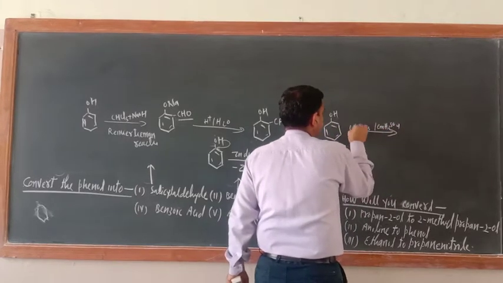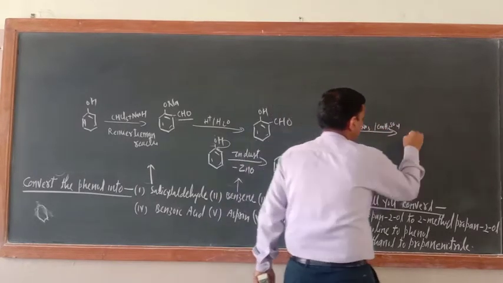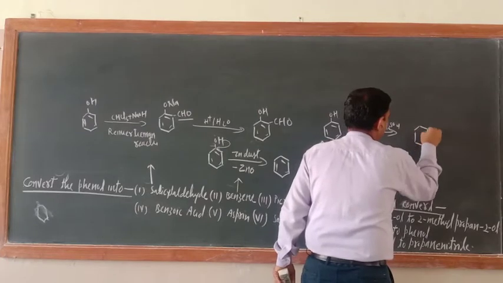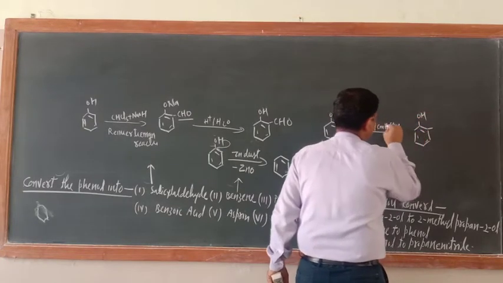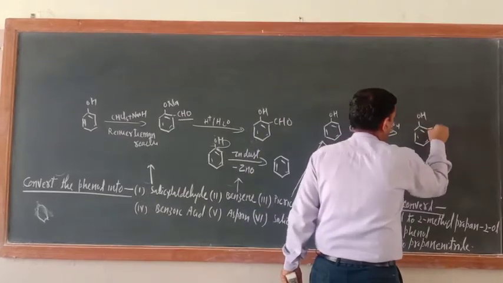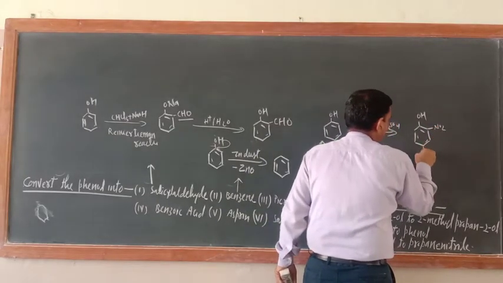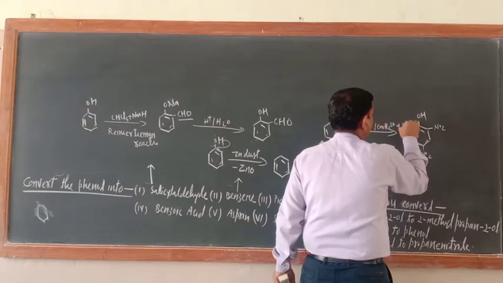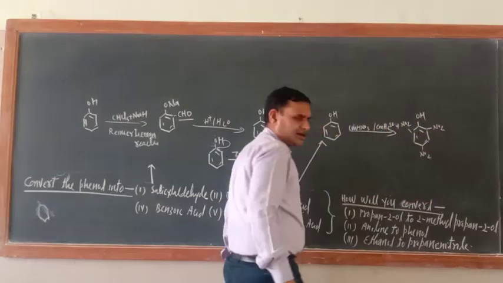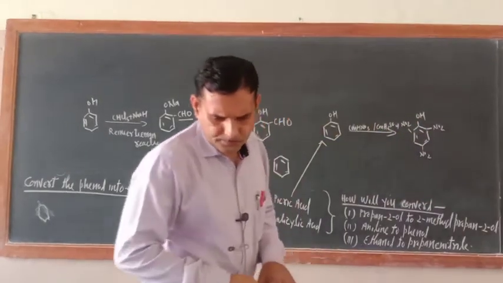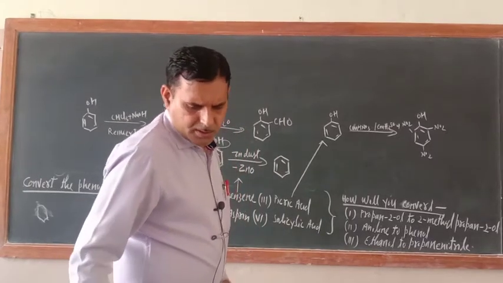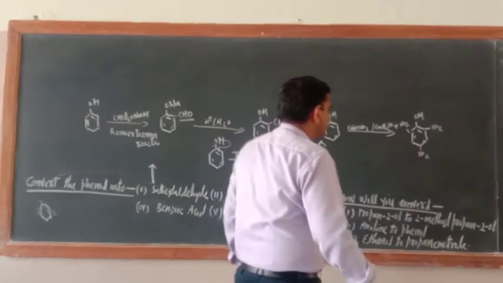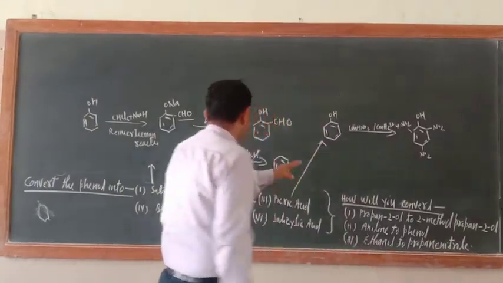Here also you should take concentrated HNO3. Then at the 2,4,6 positions, I taught this reaction. H2SO4 is the catalyst. NO2 here, and here also NO2. 2,4,6-trinitrophenol, picric acid. You have got picric acid also.